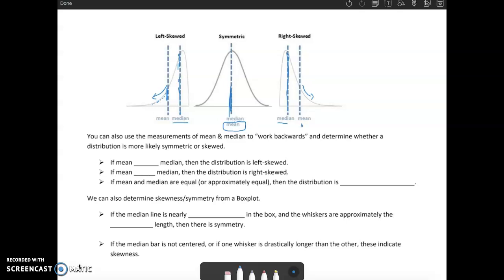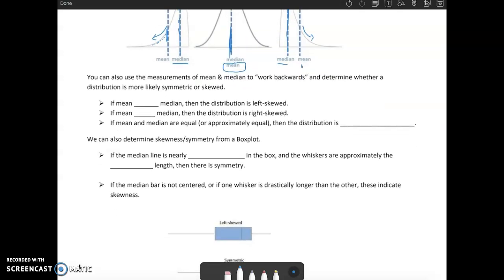You can also use the measurements of the mean and the median to work backwards and determine whether a distribution is more likely to be symmetric or skewed. So perhaps you don't have any sort of visual, but you do have those values calculated. If your mean is less than your median, then you know your distribution is left skewed.